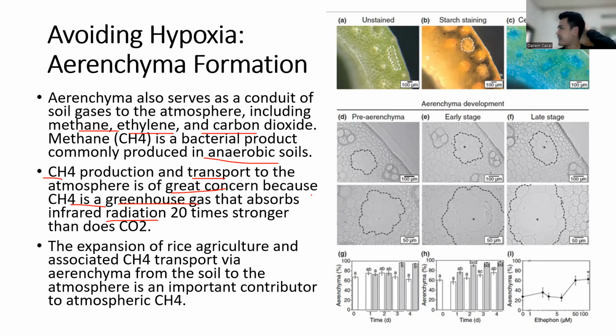Kapag sinabi nating anaerobic, ito ay walang hangin. And especially kapag compact ang soil. So the expansion, so ginagamit niya ang Aerenchyma. So the part of Aerenchyma is responsible in the production of the methane or the carbon dioxide, ethylene, and others. Okay? So that is a gas.